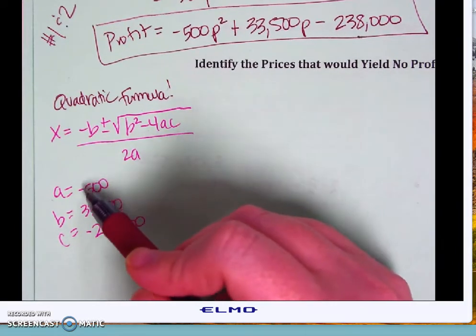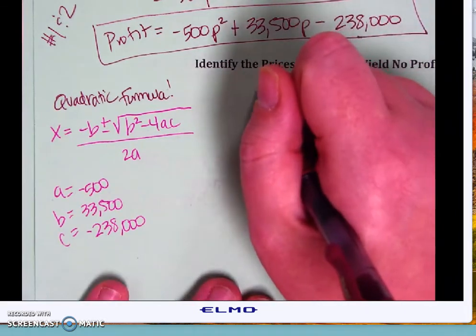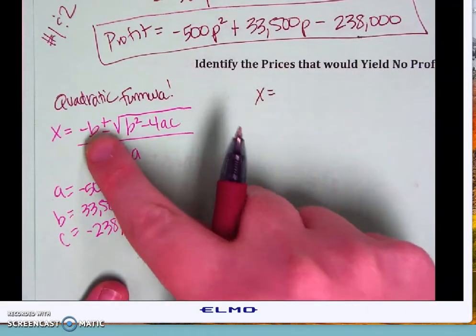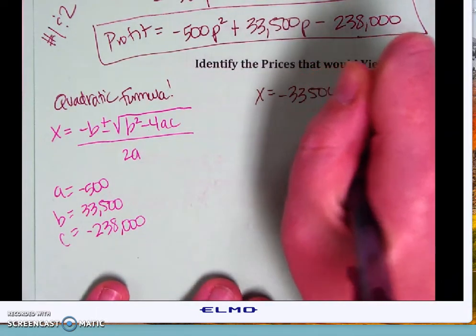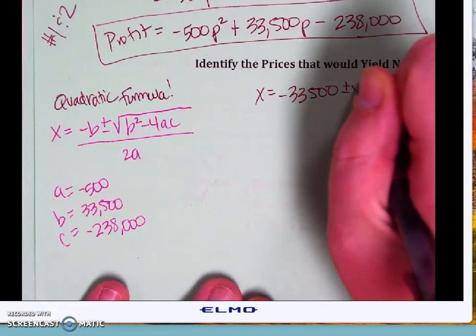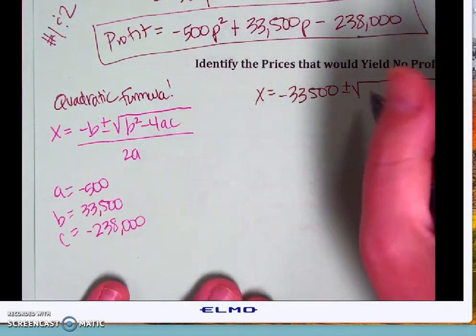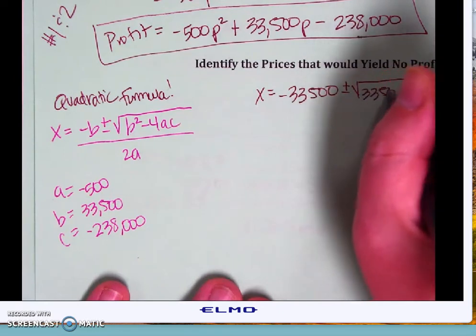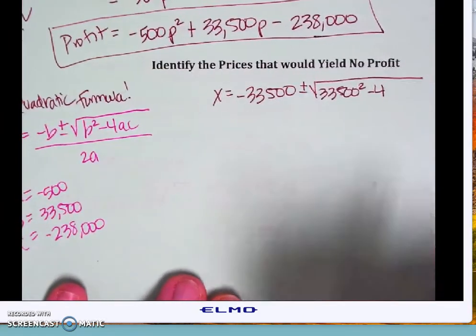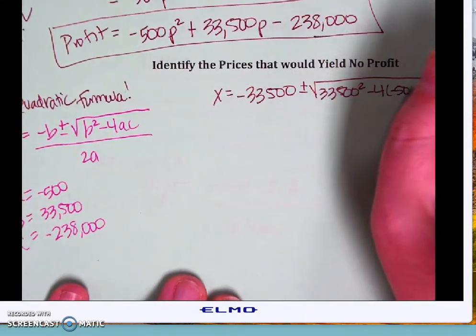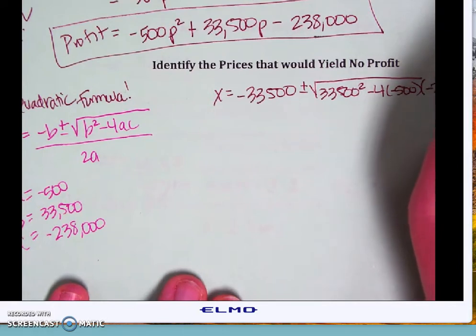Okay, so using the quadratic formula, we're going to substitute A, B, and C into the formula. So it's the opposite of B, negative 33,500, plus or minus the square root of 33,500 squared minus 4 times the A, negative 500, times C, negative 238,000.